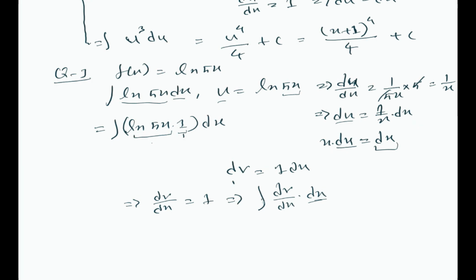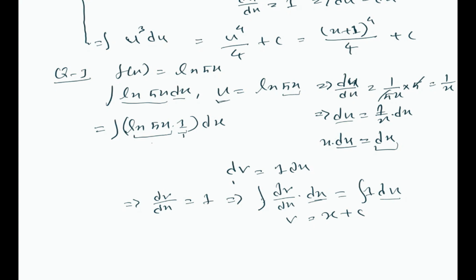This is the integral sign, and this is the differential. So then I need to write the integral of 1, and according to this integration format, I need to put this dx. So on the left side I have only v, and on the right side I have only x, plus c.